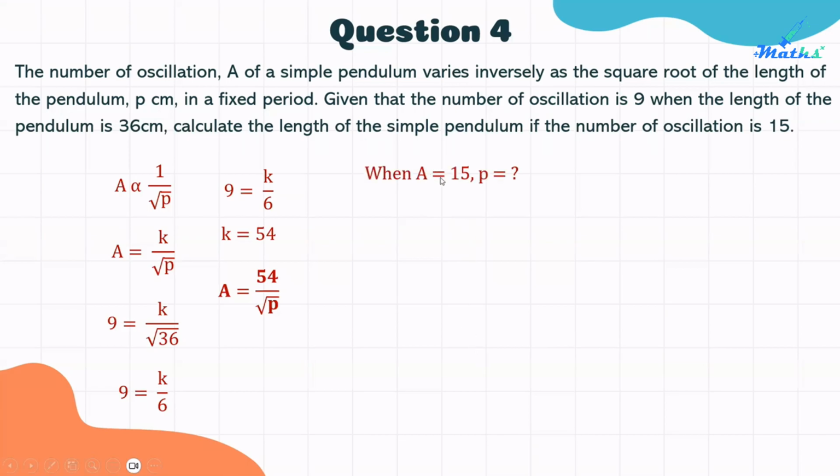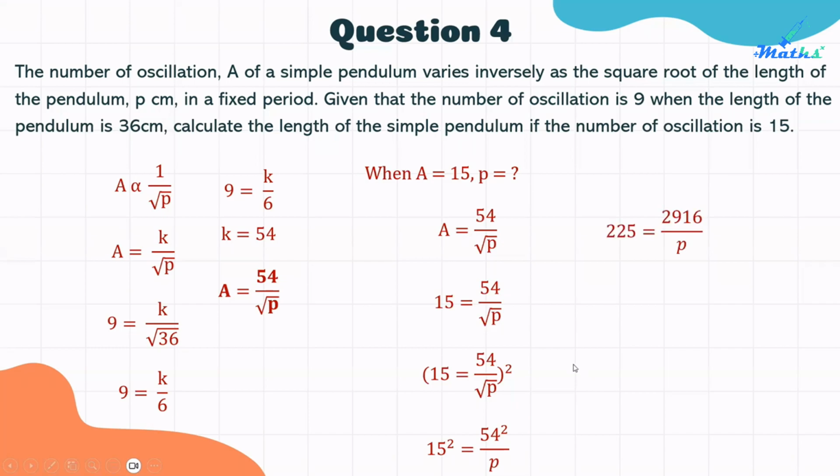When A equals 15, A equals 54 over square root P. We square the whole equation, and we get 15 squared equals 54 squared over P. So our final P is 12.96 cm.